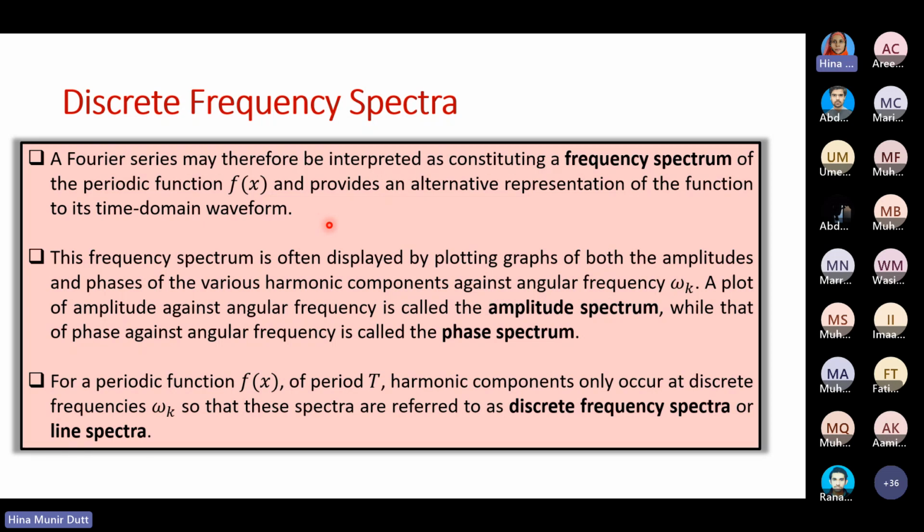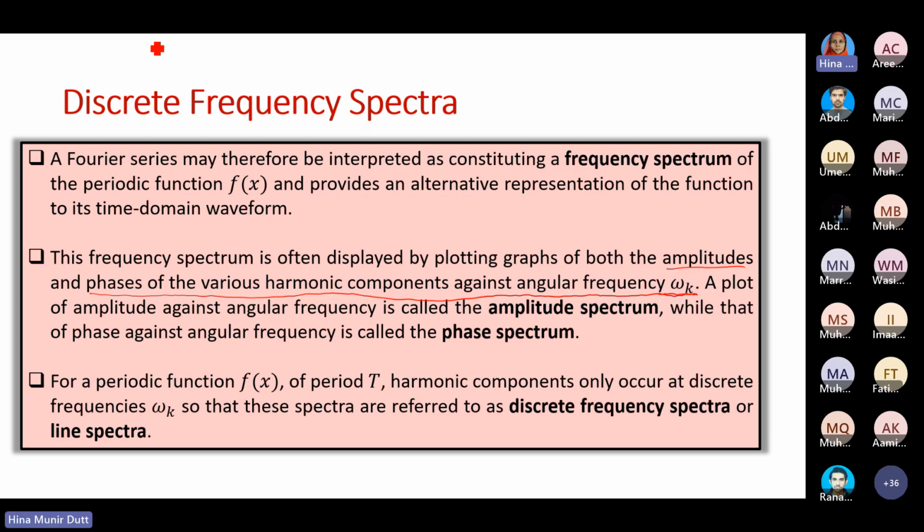The frequency spectrum is often displayed by plotting the graphs of both the amplitude and the phases of the various harmonic components against the angular frequency omega k. So frequency spectrum is the plot of amplitude against the angular frequency omega k, and the plot of phase angle against the angular frequency omega k.